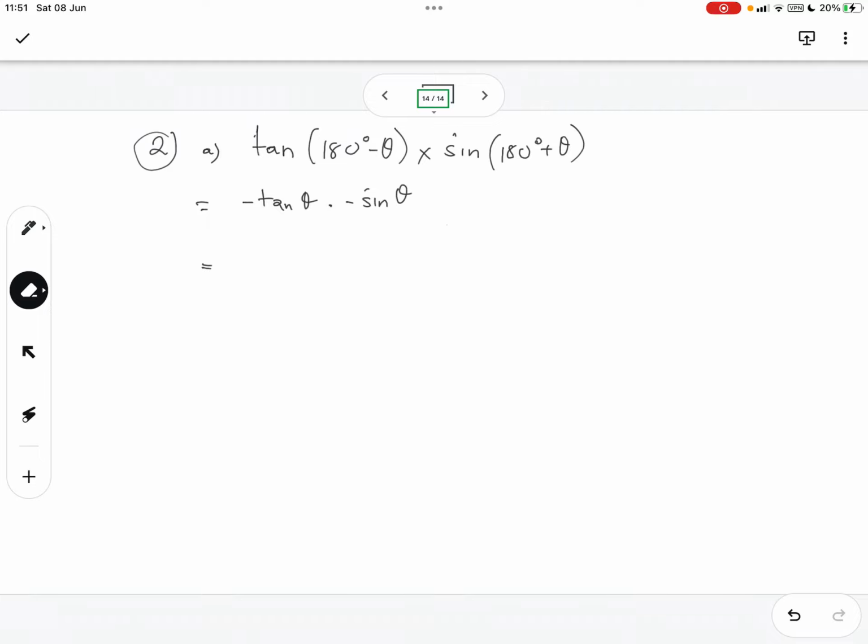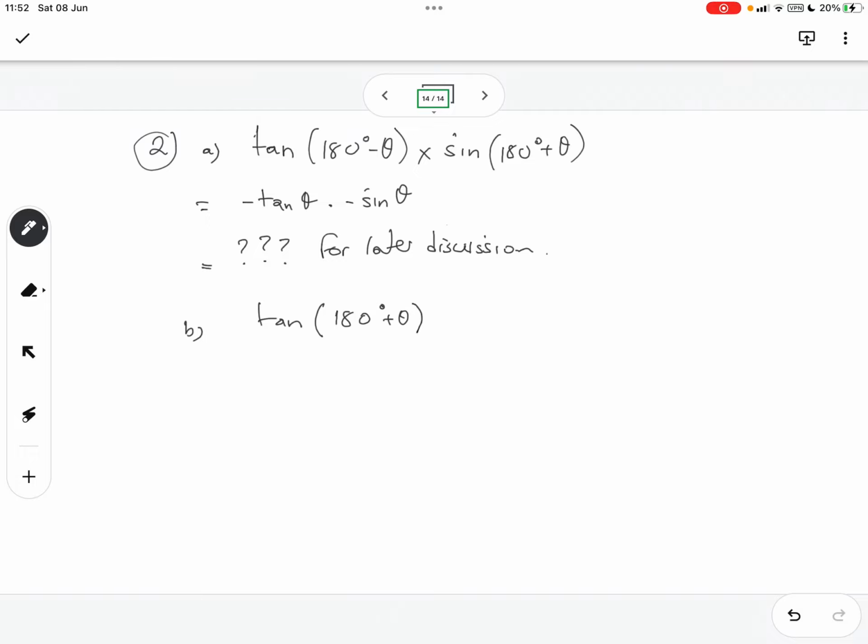Can I do this one? Nope, it's not going to work. Okay, I'm not sure about this one, but can we pin it? We'll just pin it for later discussion.